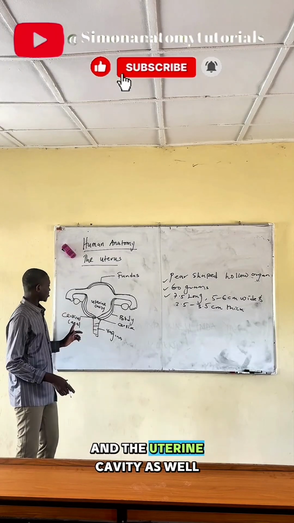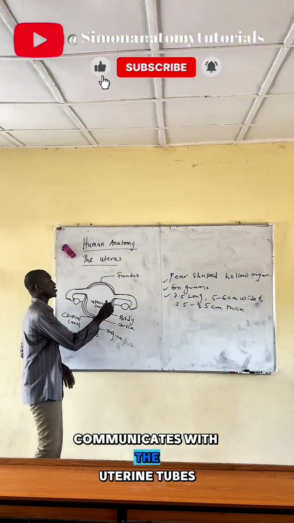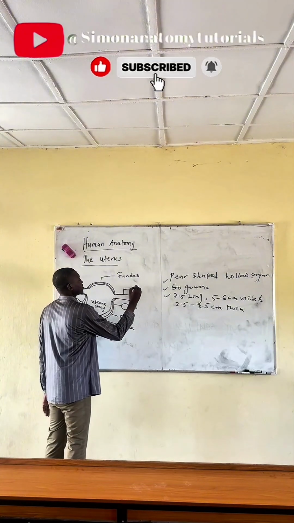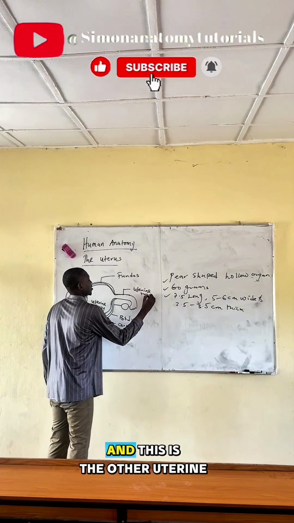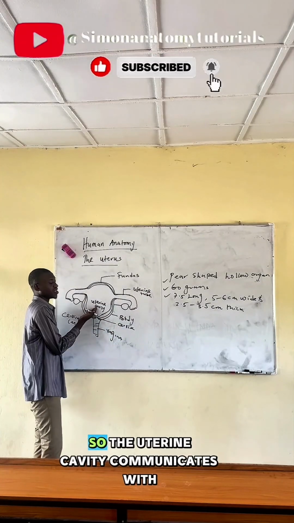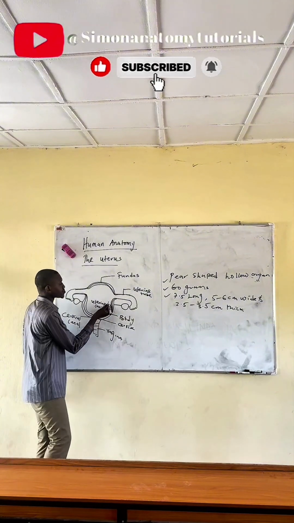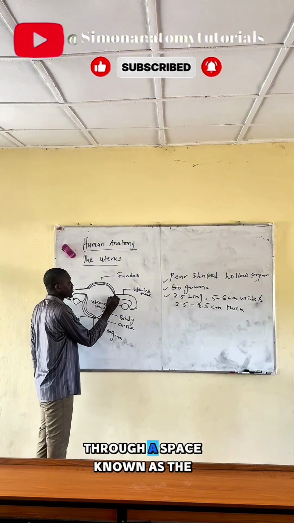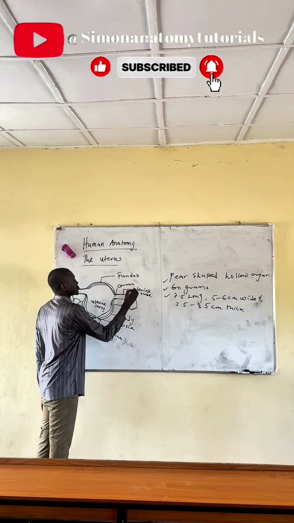The uterine cavity also communicates with the uterine tubes, this is one uterine tube and this is the other, through a space known as the cornua.